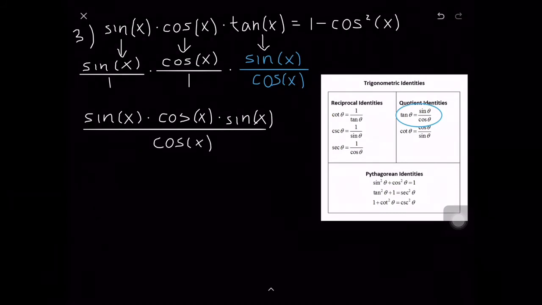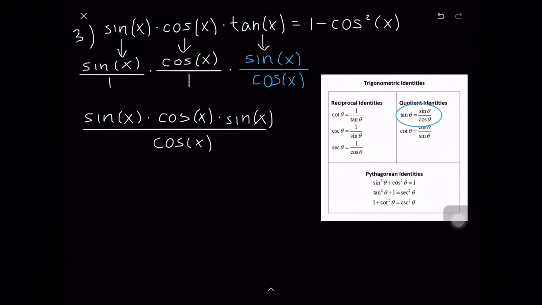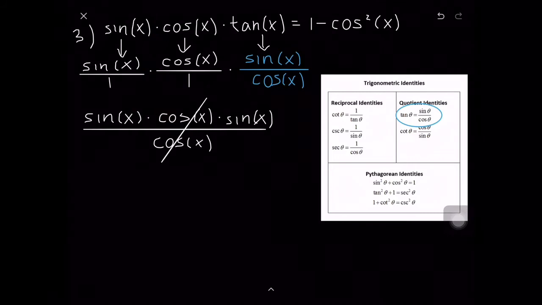As you notice, what we can do here is cancel the cosines, and we'll have sine of x by sine of x, which equals squared sine of x.